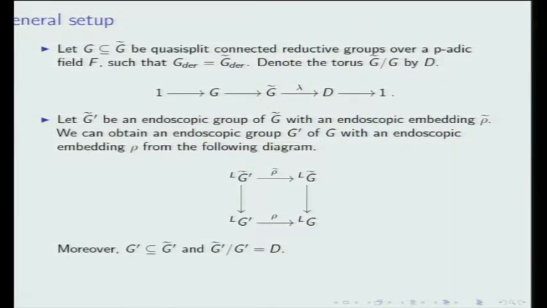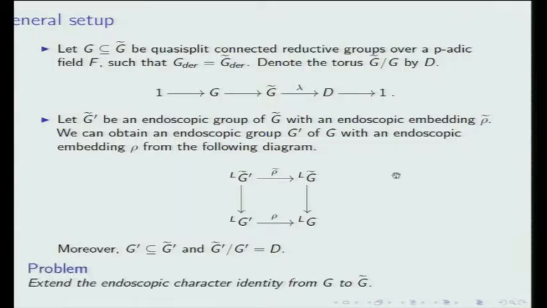So they have the same derived group, and if you take a quotient, it's the same torus D. So the natural problem is, suppose we have a character identity. So we know how to relate certain characters on G prime and G. Then you can extend these representations on G prime and G to G tilde prime and G tilde in a certain way, and you can ask whether such a character identity still holds. So that's the problem.